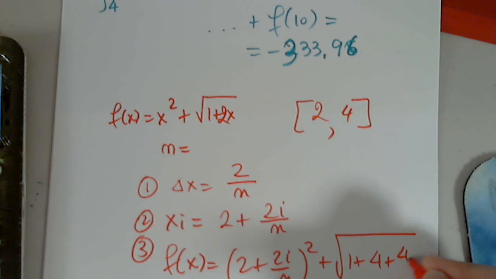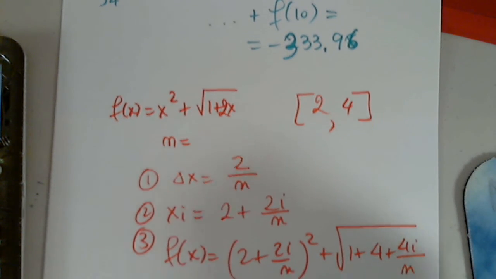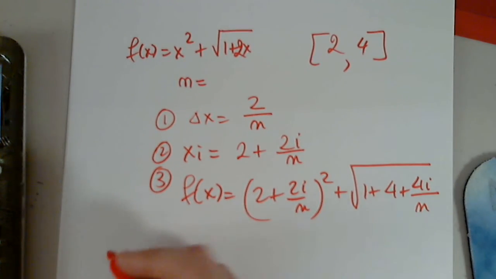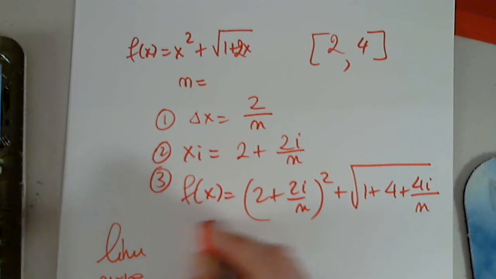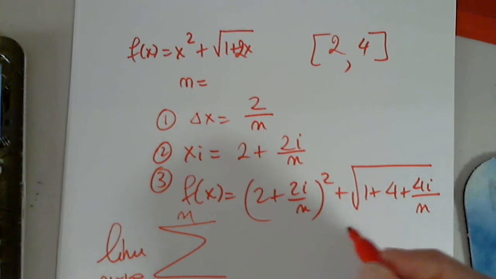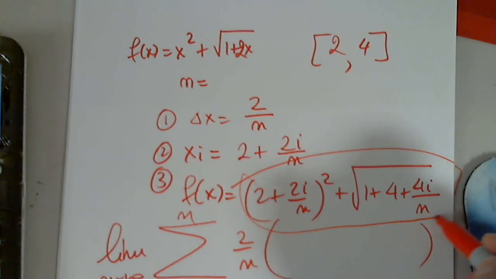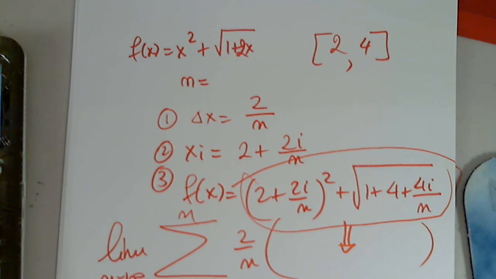And then you're only asked to write this limit, where delta x is 2 over n, and this is this function. You're not asked to approximate, you're only asked to present the limit. They're just checking that you understand how to create the 3 preps and put it together into the limit.